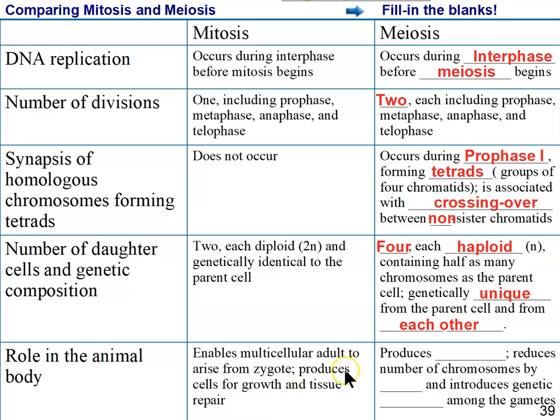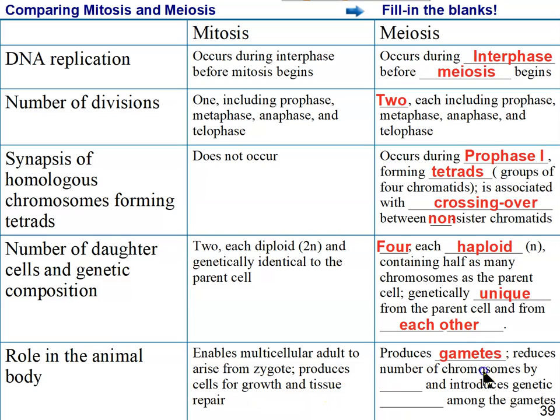It also produces cells for growth. So I'm not growing right now, but you are, and that's how you're growing. You're adding more cells to your body. And also tissue repair. If you hurt yourself, that's how you heal. Also note this includes replacement, because you're constantly losing cells, and those are being replaced by new cells, and those new cells arise by the process of mitosis.